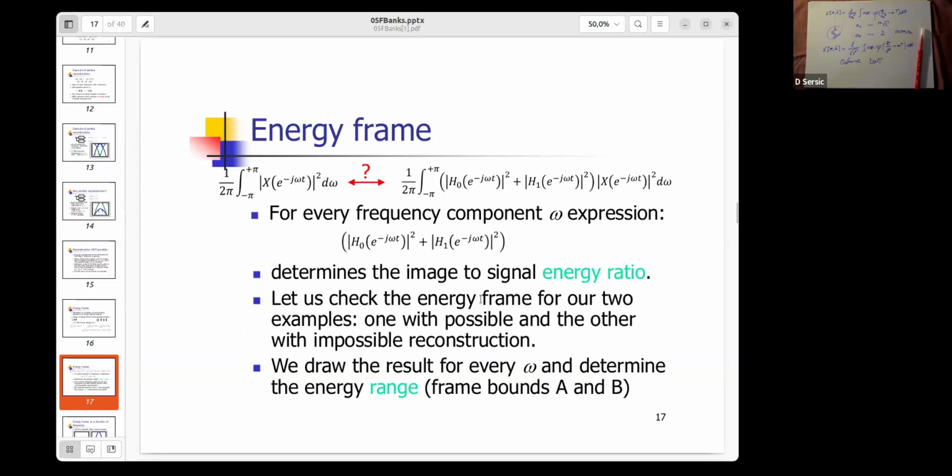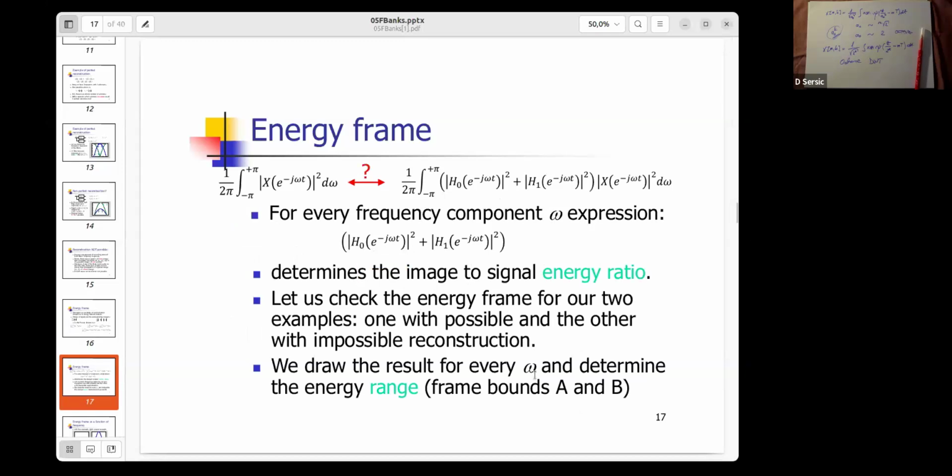The number that shows us what happens with the energy for each frequency is the second row written in the frequency domain. Actually, this is the image to signal energy ratio for each and every frequency.